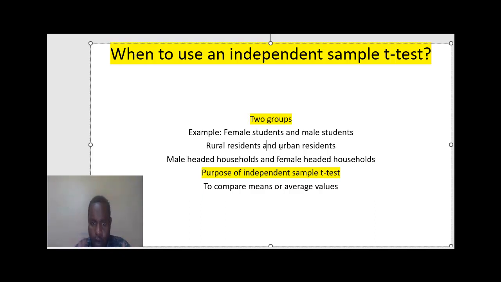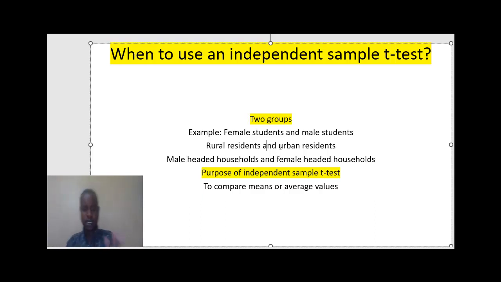Therefore, the point is that independent sample t-test helps us to find out whether or not there is difference between the two groups on a continuous variable.